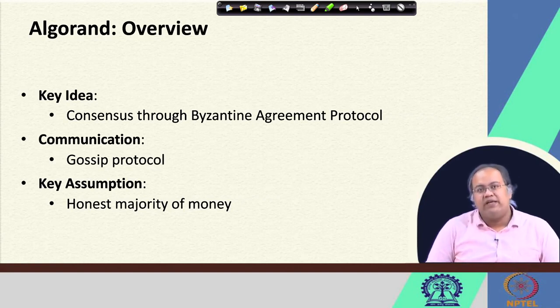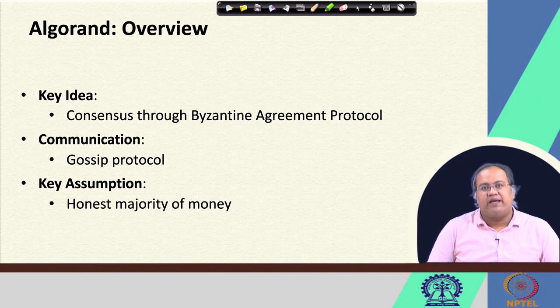And the moment it achieves consensus through Byzantine agreement protocol, you know that transaction scalability is not going to be a problem. You can support a large number of transactions because Byzantine agreement works really well in supporting transactions, so it scales up with the workload of the system.